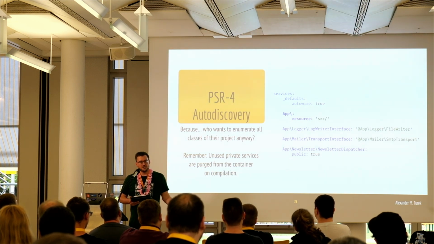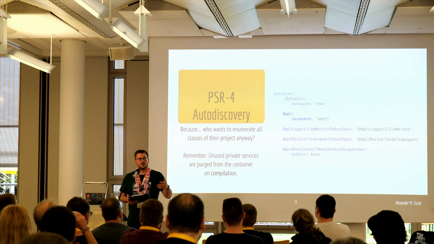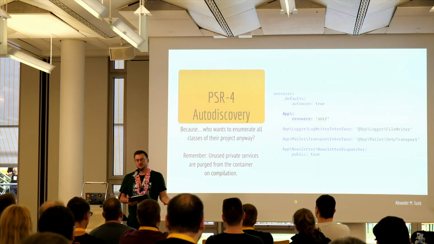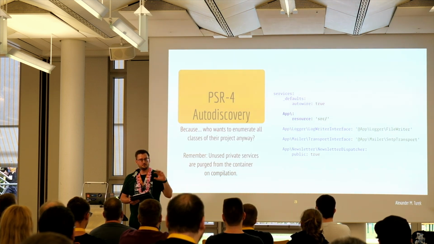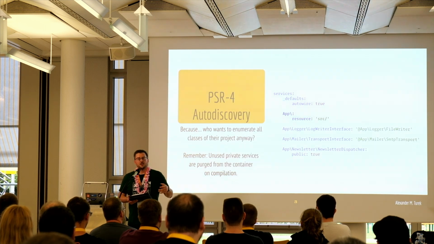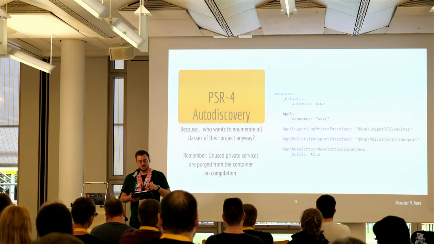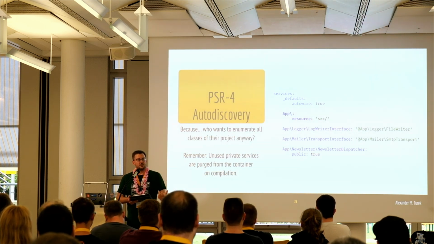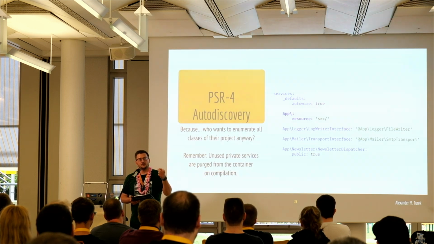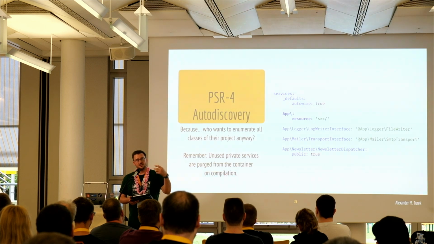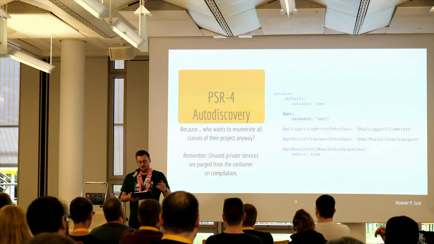We also heard in the previous session that it might be a good practice to finalize your services and have interfaces for those final classes. And this is also something that is supported here. So if during this auto-discovery the container finds a class and an interface, and this class is the only implementation of that interface, then the alias that we see here is created automatically.